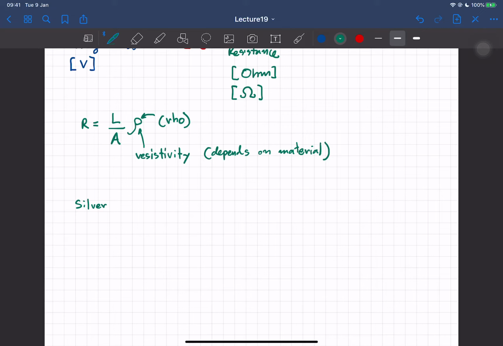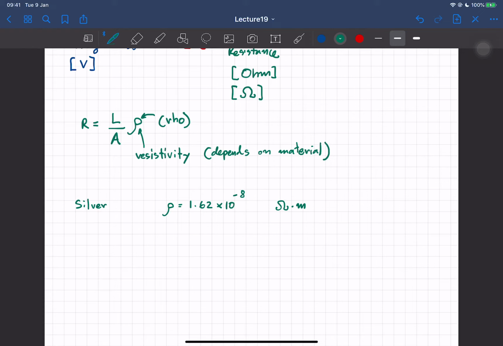Resistivity is an ability to resist the flow of current. So if you want a better conductor, you want to have lower resistivity. So silver is probably the best. It has rho equal to 1.62 times 10 to the minus 8. The unit is ohm meter.